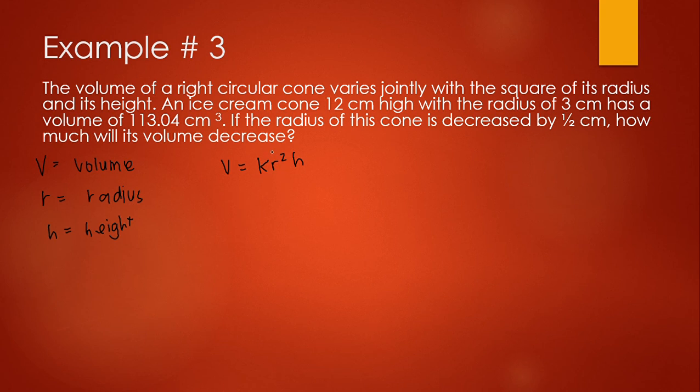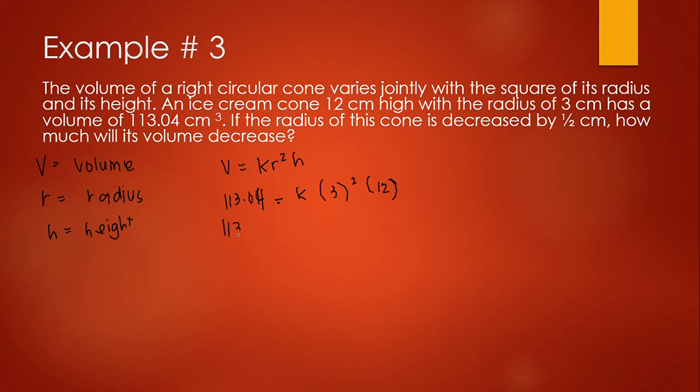After this, let's substitute the given values. We have the volume already, that's 113.04 cubic centimeter, wherein K is still missing and R is 3, and the height is 12. Then we have to simplify this first.